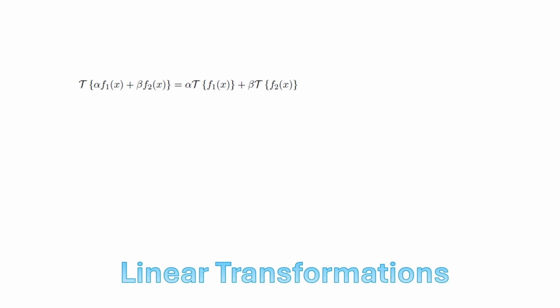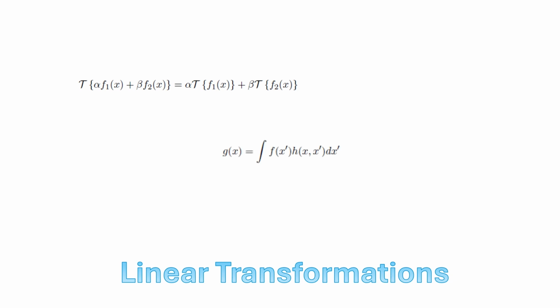So if we have, for example, two input distributions, F1 and F2, their sum multiplied by some scalars is the sum of their transformations multiplied by the same scalars. So alpha F1 plus beta F2 transformed gives us alpha times the transformed version of F1 plus beta times the transformed version of F2.